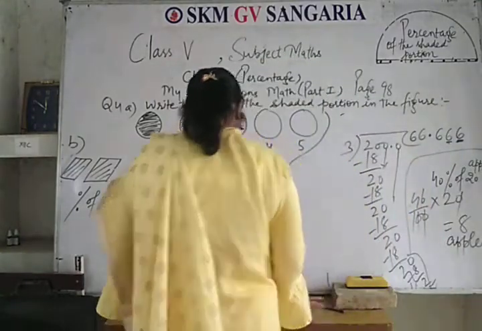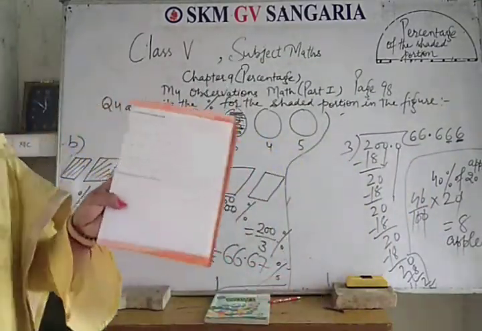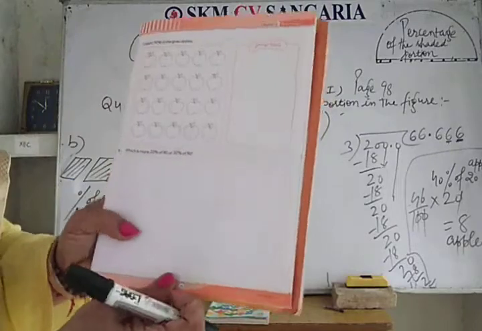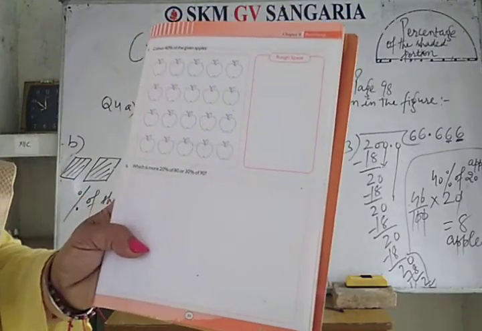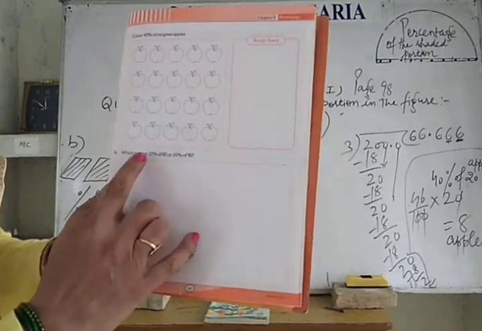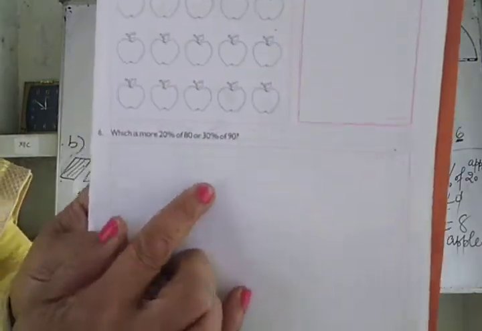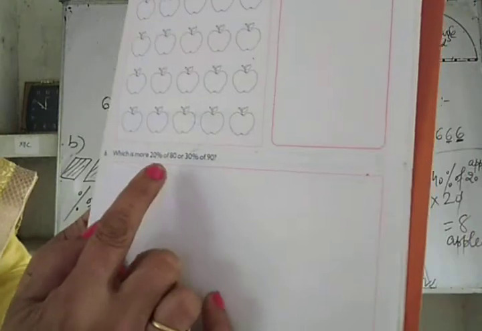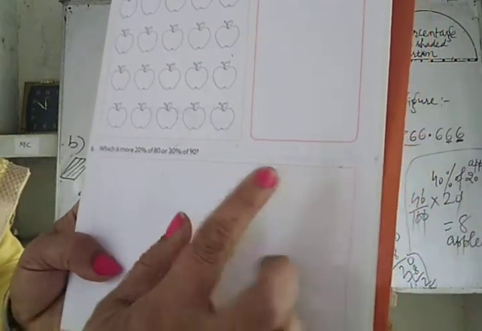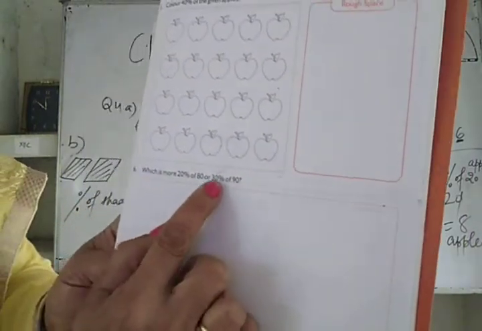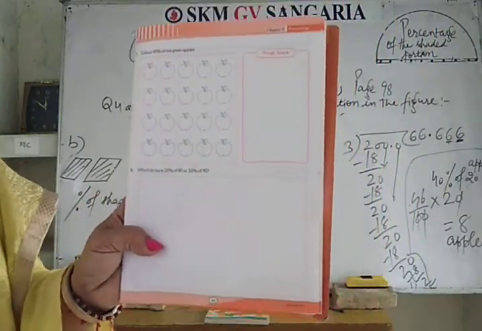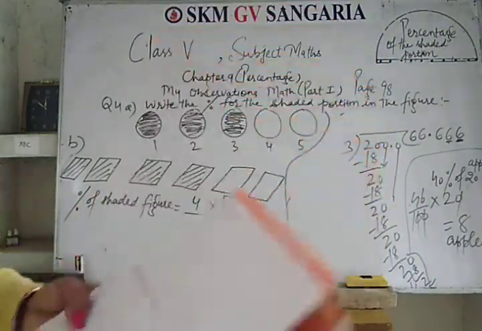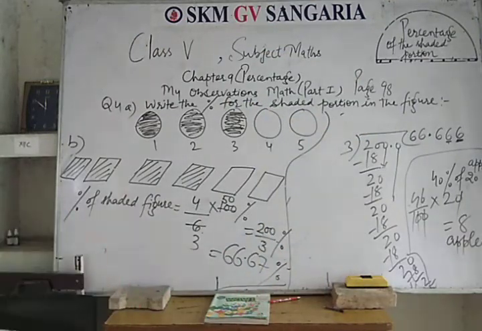Clear? Then in the 6th question: which is more, 20% of 80 or 30% of 90? You will solve 20% of 80 first and find a number, then calculate 30% of 90, and compare both answers to write which is greater.